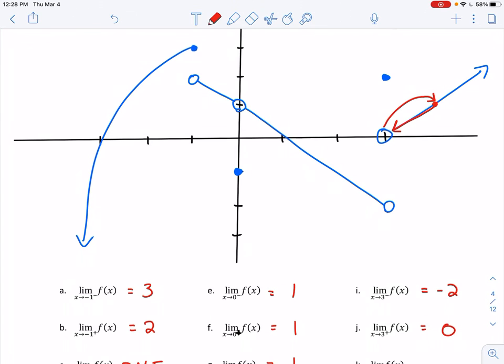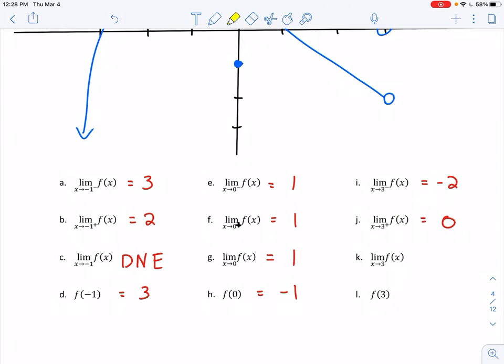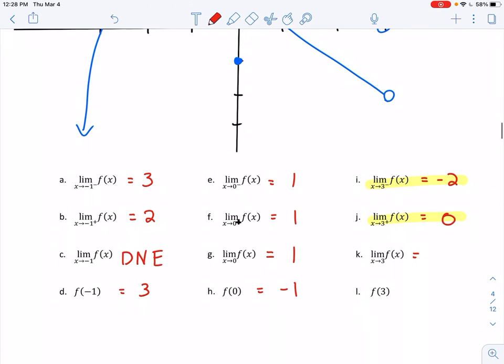It's right on the x-axis, so the y value must be 0. So again, at this point, I have the left-hand limit. We said that was -2. The right-hand limit, that's 0. The two-sided limit then, because those two were not the same, does not exist or is undefined.